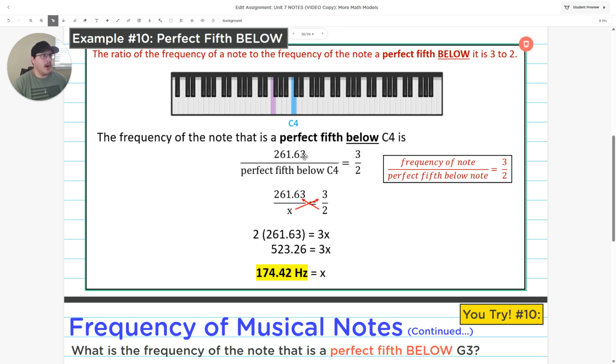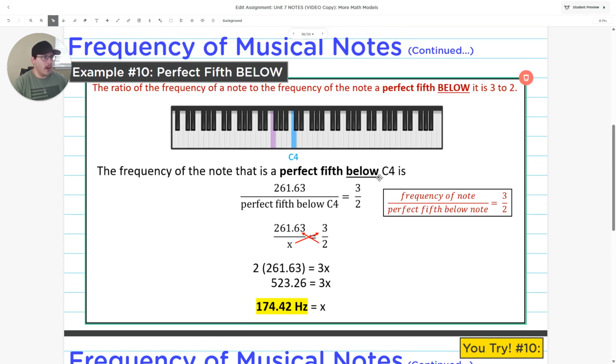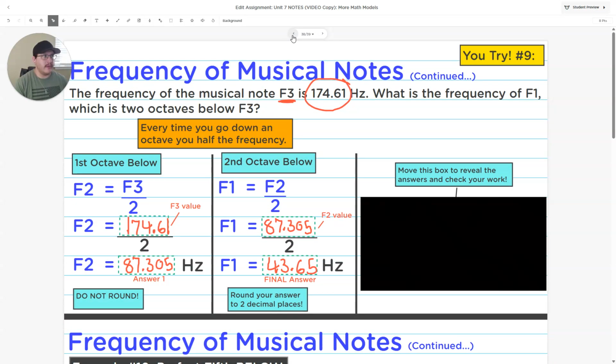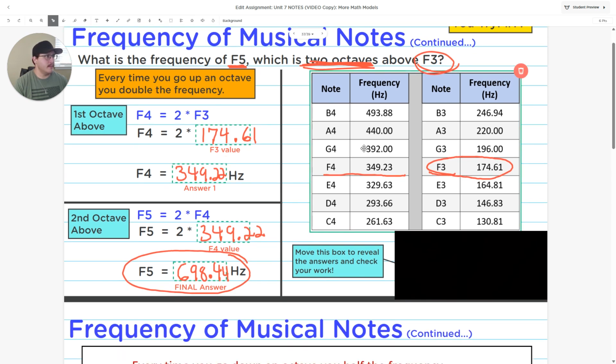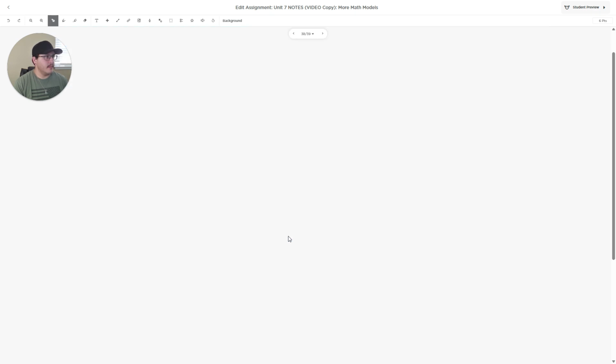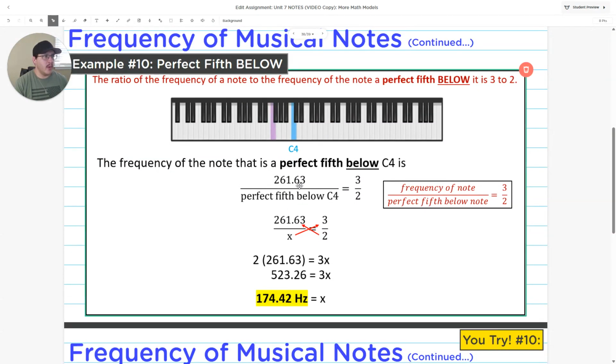Okay, so now we have a frequency of C4, and we want to get a perfect fifth below it. So the frequency of the note above is C4, which if we go back to over here, is 261.63. So we're going to use 261.63 as the above, and we want to get the below part.